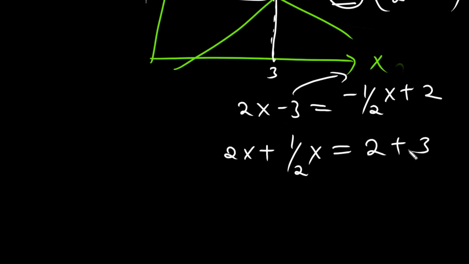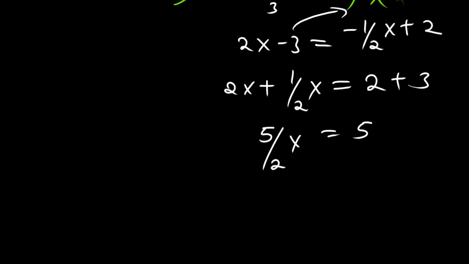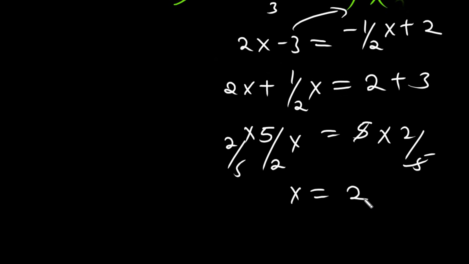So this will be 2.5x, which is the same as 5 over 2 x, is equal to 5. Then we multiply by 2 over 5, so this cancels and x becomes 2.